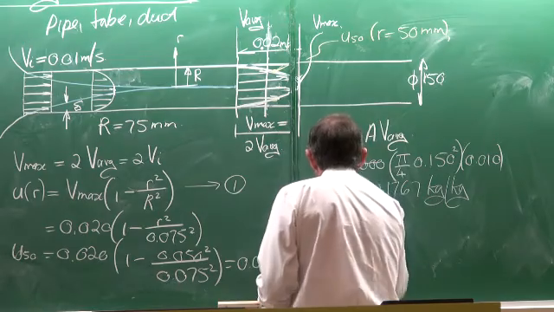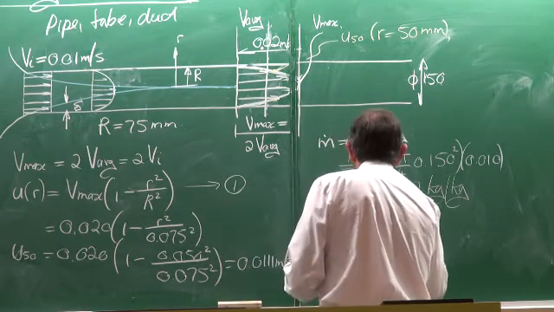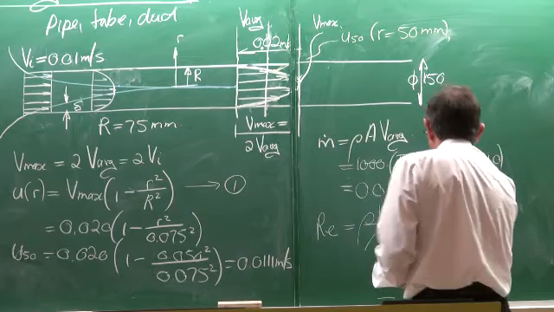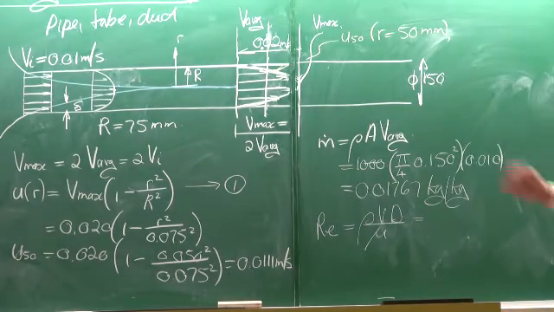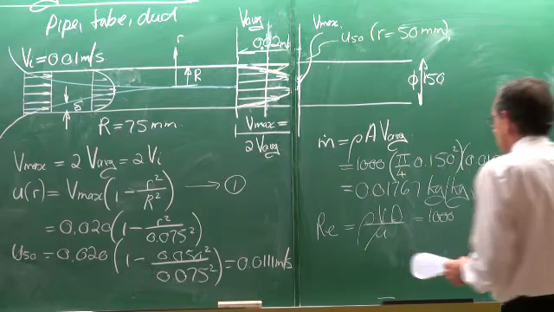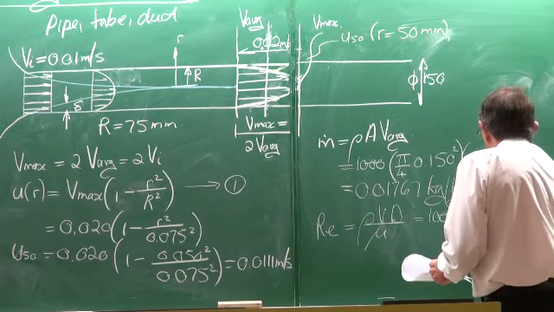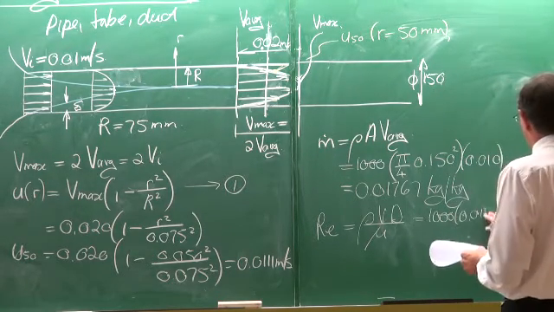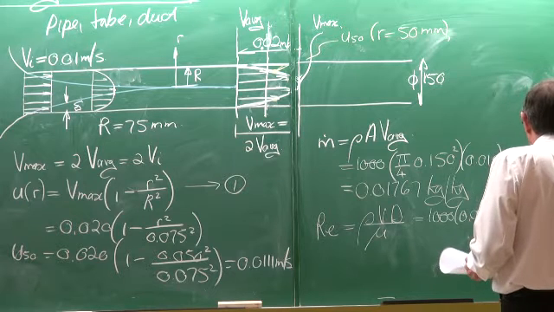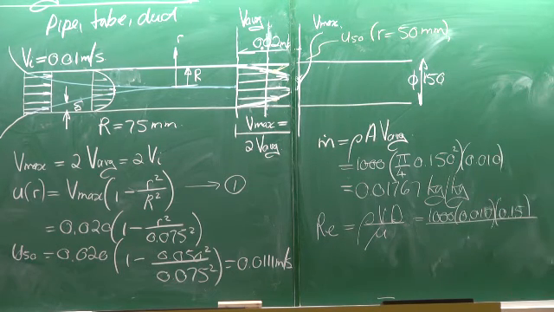Let's check the Reynolds number. The Reynolds number is equal to rho V d divided by the viscosity. The density, I've chosen water at 1,000, multiplied by 0.010, multiplied by the diameter of the tube, which is 0.150, divided by the viscosity of water.